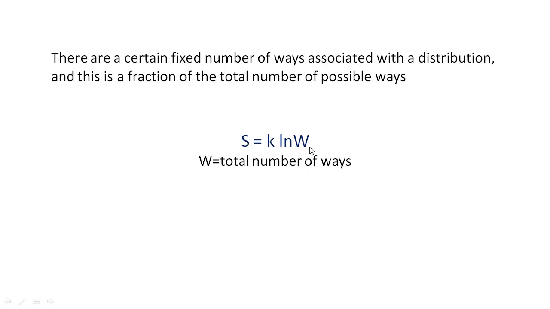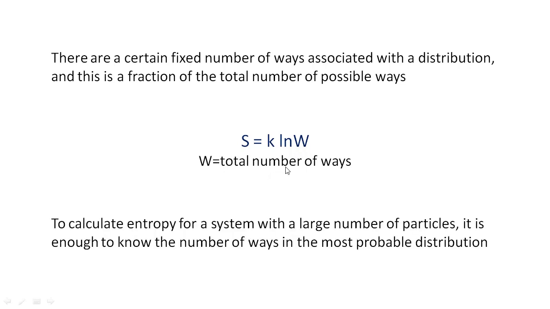We will see in this lecture that to calculate the entropy of a system with a large number of particles, it is enough to know the number of ways in the most probable distribution. We do not really need the total number of ways to calculate the entropy.